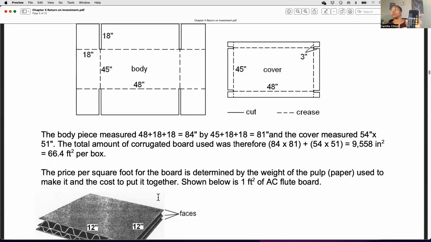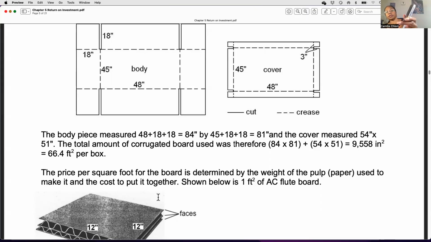So again, you're going to take the 84 times 81 plus the 54 by 51 to get the 9,558 inches squared. To convert from inches squared to feet squared, you're going to divide that by 144. Okay. And that's going to give you the 66.4.